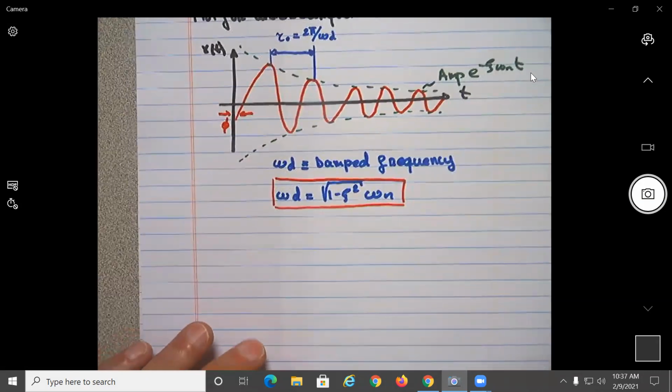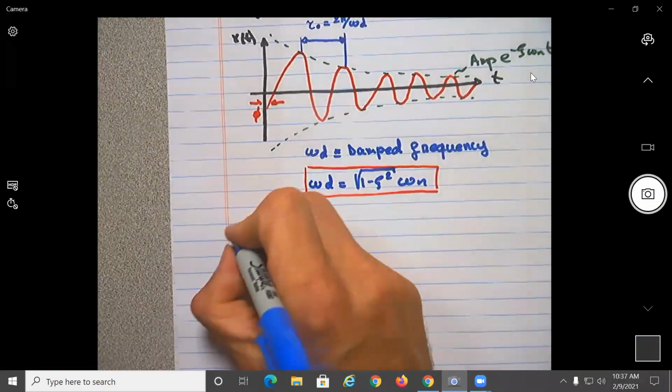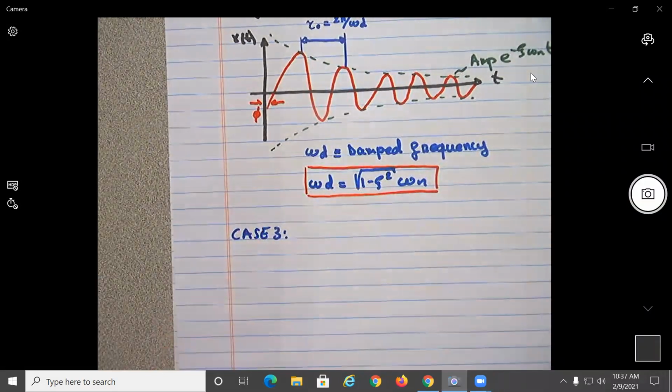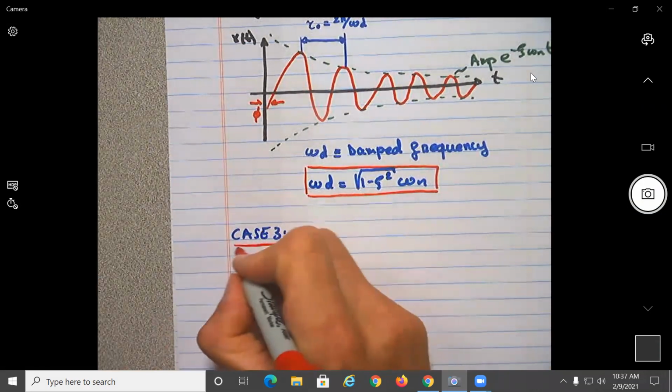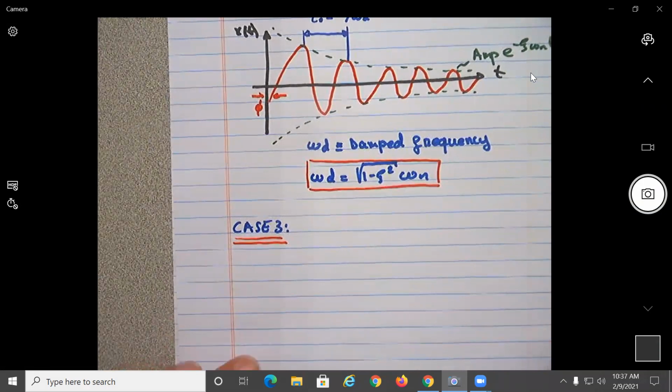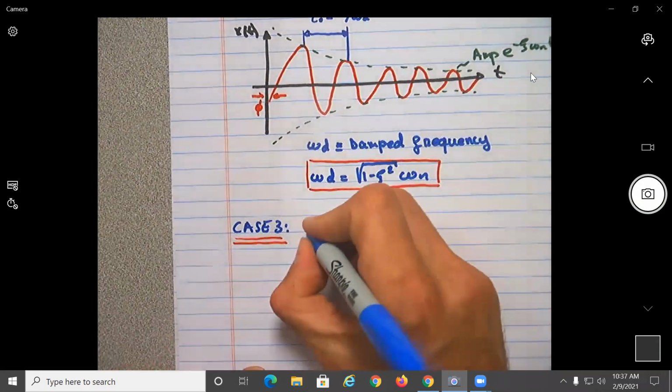Okay, so let's see, we have time to do case 3. Case 3 is the overdamped case.